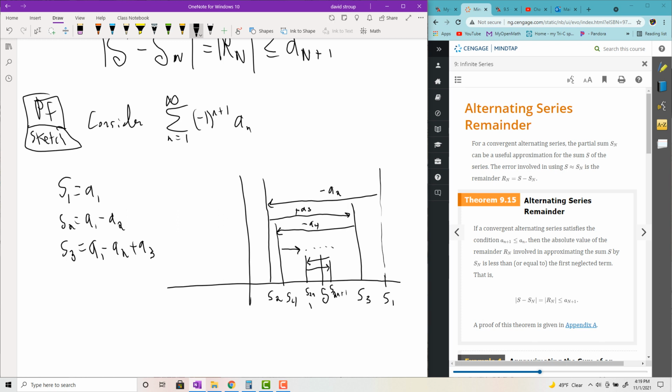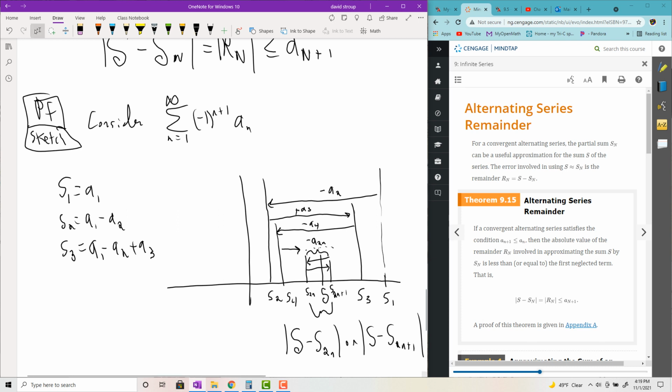So what's the point, Dave? What are you getting at? It's this distance here, right? If you look at that distance, in particular, the distance between s and s sub 2n, or the distance between s and s sub 2n plus 1, both of those distances will be less than this move here, which is given by a sub 2n, right?